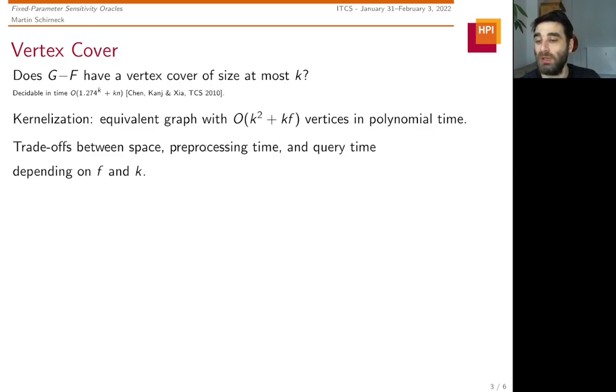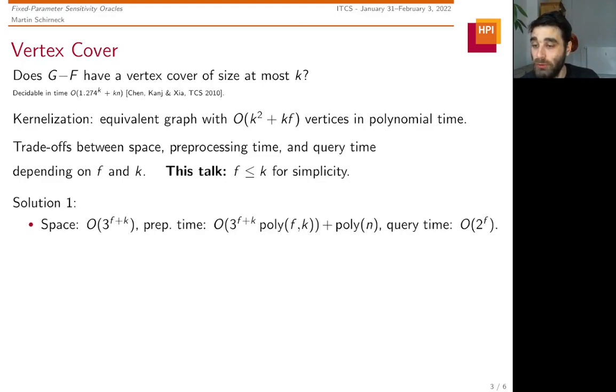In this talk, I will make the simplifying assumption that the parameter f is smaller than k. This helps with writing down the results later. In the paper, we also have results for f larger than k. But still, I don't make any assumption on how much smaller f is compared to k, and depending on their relative size, different solutions might be better.